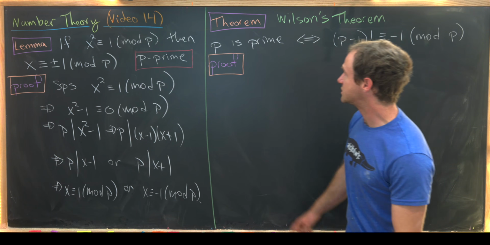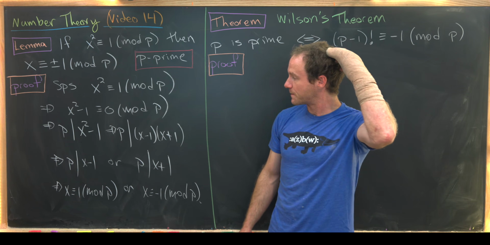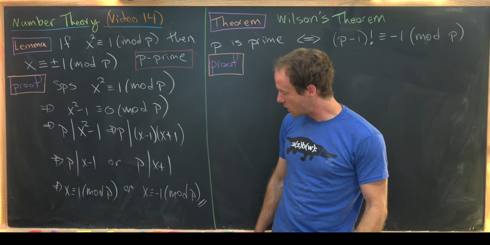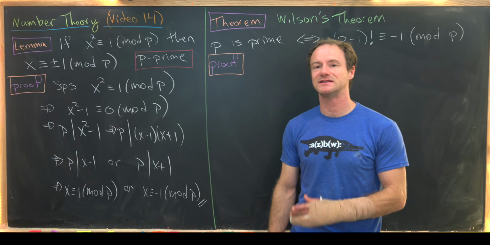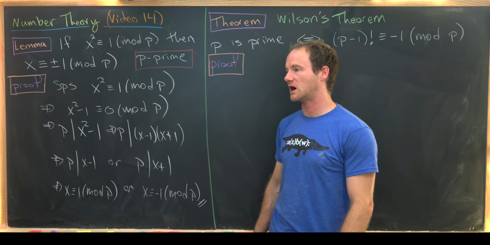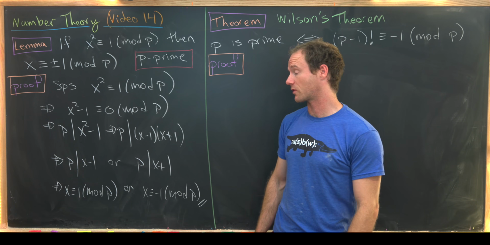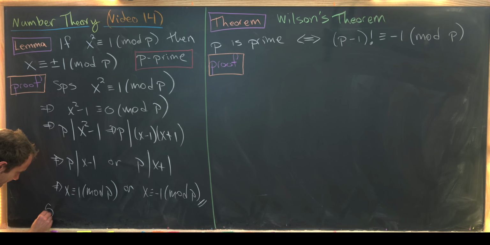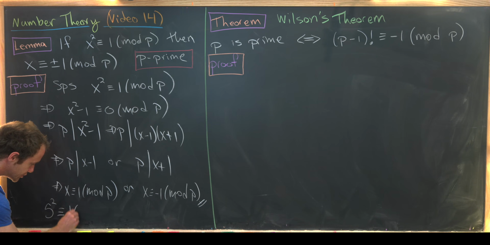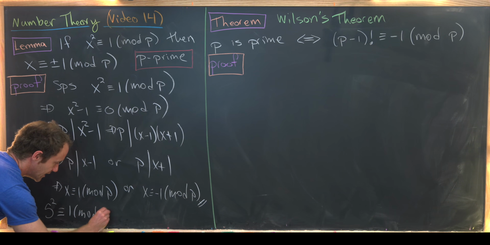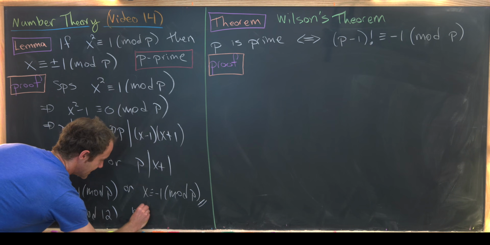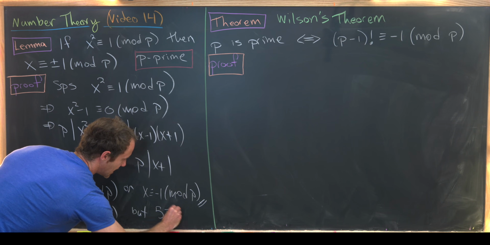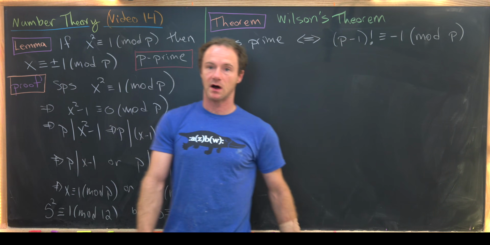Now, before we jump into the proof of Wilson's theorem, I want to notice that this kind of statement is not true if we're working modulo something other than a prime. For instance, 5 squared is congruent to 1 mod 12, but 5 is not congruent to plus or minus 1 mod 12.